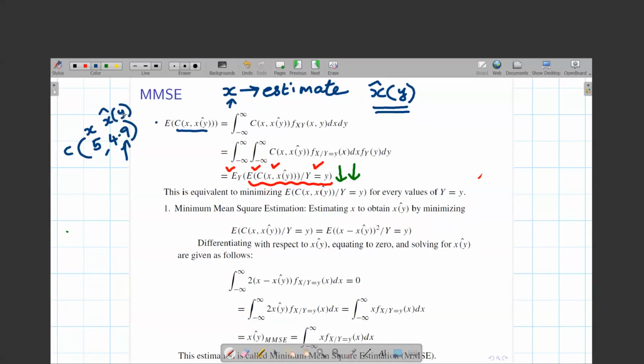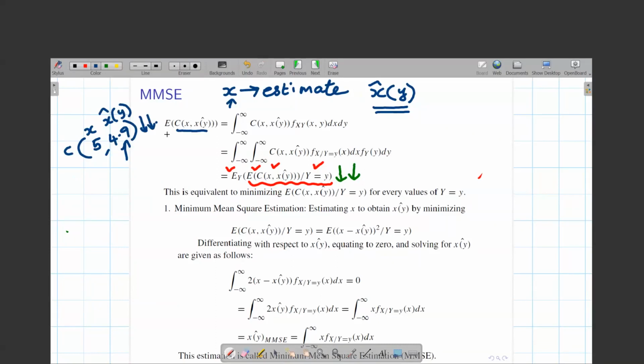You are estimating the value of x based on the observation of y, and that is what you are getting as, say, 5.9. So you have some penalty in it. We are trying to minimize this. We have to do this for all possible combinations of x which we want to minimize.